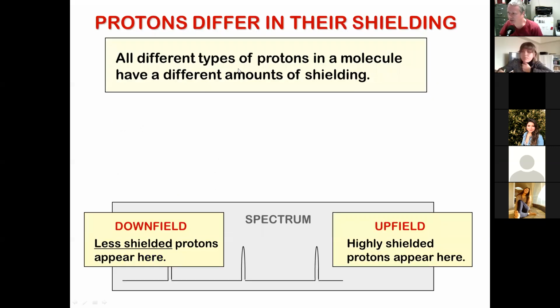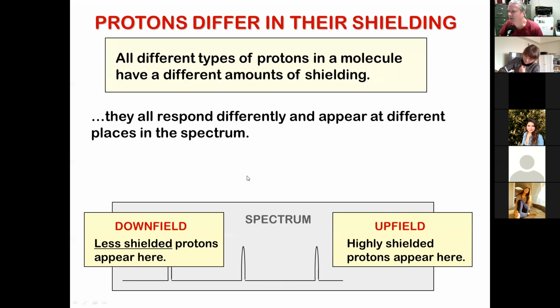Okay, so all types of protons have different amounts of shielding. The right side protons are highly shielded. The left side protons are de-shielded, right? Next to a chlorine, right? Left side is usually de-shielded. They all respond differently and appear at different places. That's what's so wonderful about NMR, each of the signals come at different places, ideally.